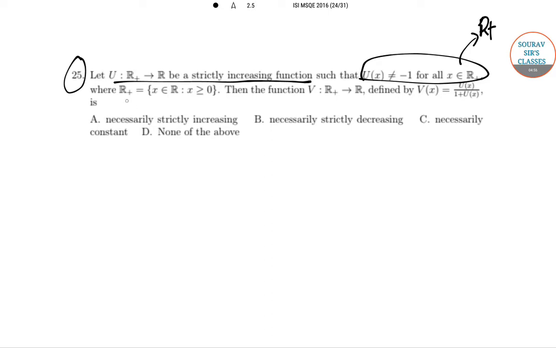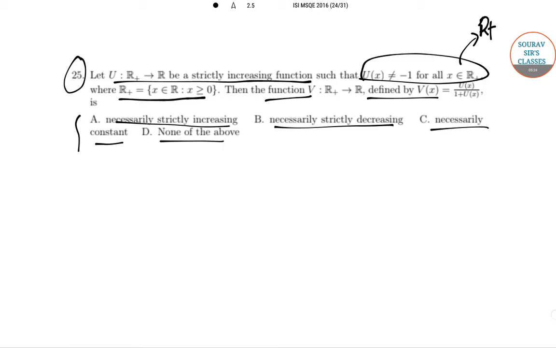R plus has been defined as x which belongs to R and x is greater than or equal to 0. Then the function v, which goes from R plus to R and is defined by v of x is equal to u of x upon 1 plus u of x, is, the options given are necessarily strictly increasing, necessarily strictly decreasing, necessarily constant, or none of the above.